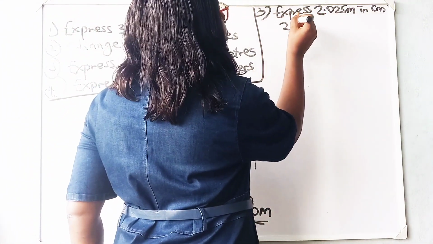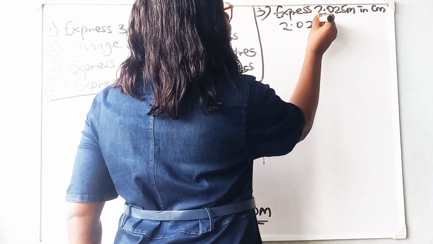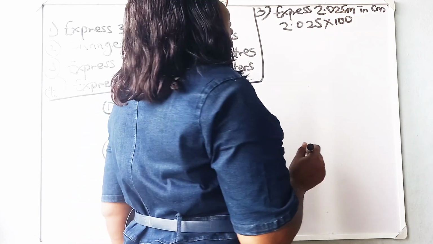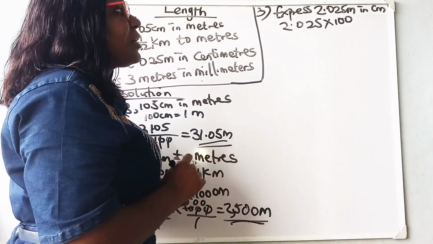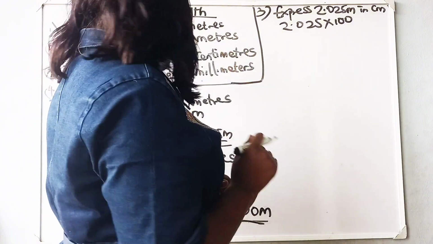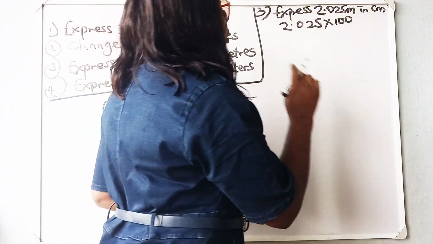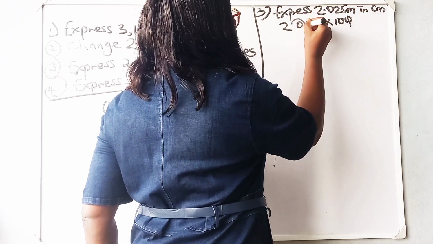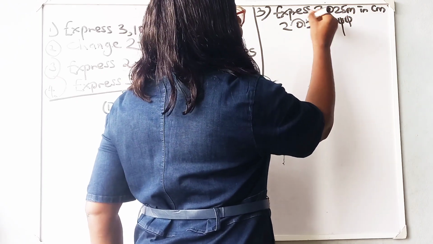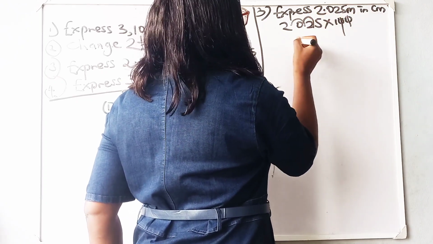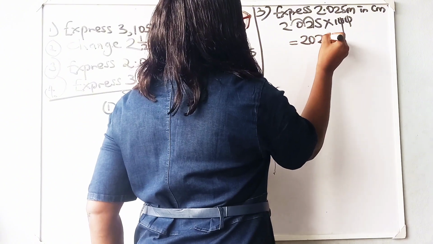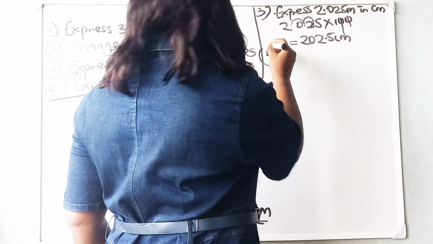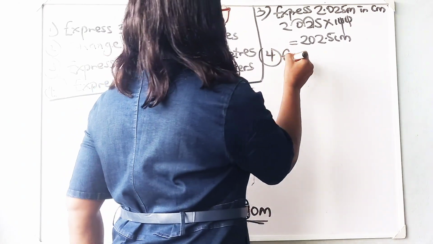We have 2.025 times 100. Okay, 2.025 times what? 100. Okay, so what are we going to do? Now, when you cancel one of your zeros, you shift the decimal point. You cancel another one, you shift the decimal point. So here we have 202.5 centimeters.